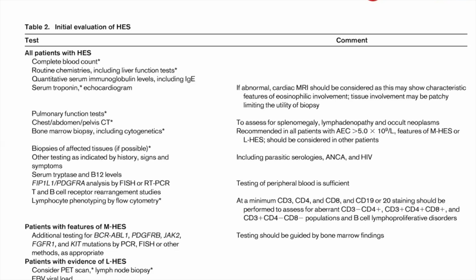And if the patient has persistently high counts, more than 5,000, then I will do a bone marrow upfront and send for various tests, like a mutation panel, which I'll be explaining later, for the clonal mutations which are specific for eosinophils.